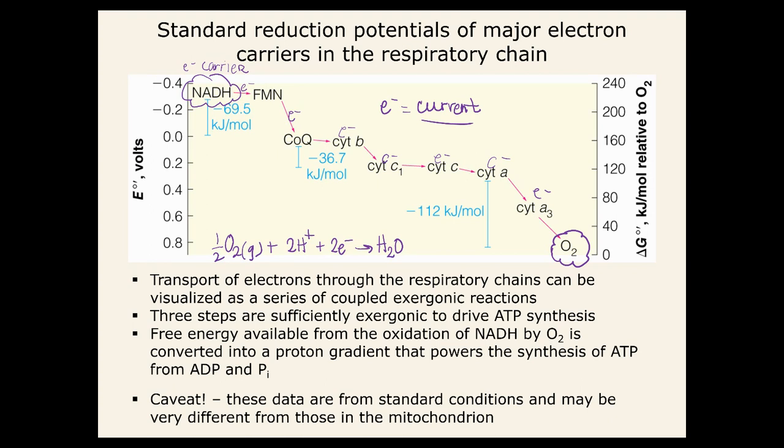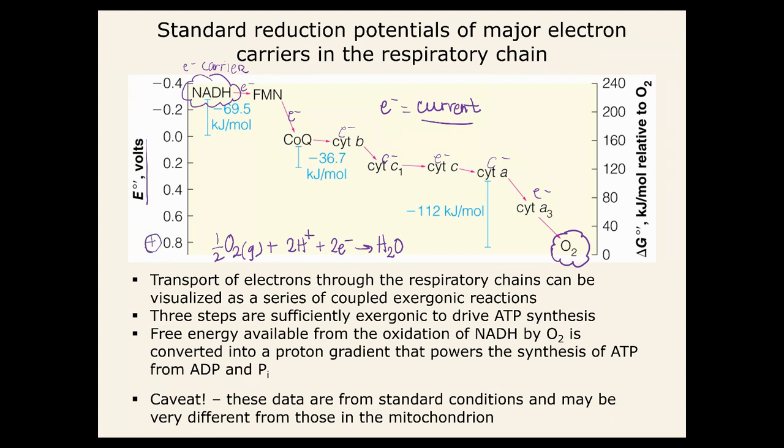I like this because what it's showing you is the flow based on the voltages. Over on this side are the voltages. And remember, the electrons are going to flow towards species with the more positive voltage.